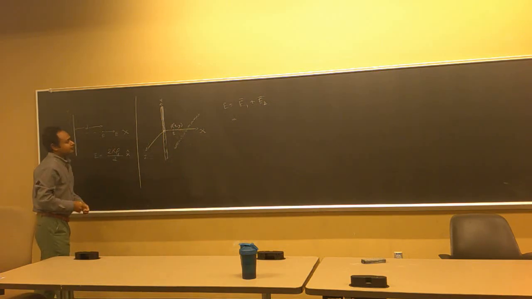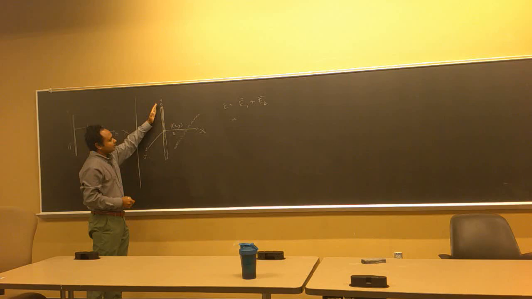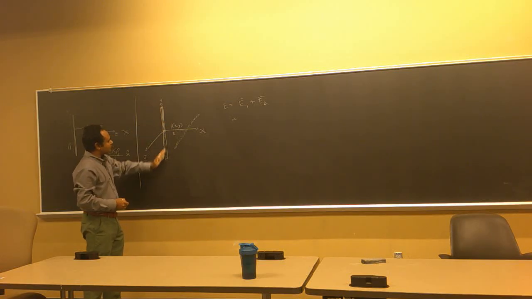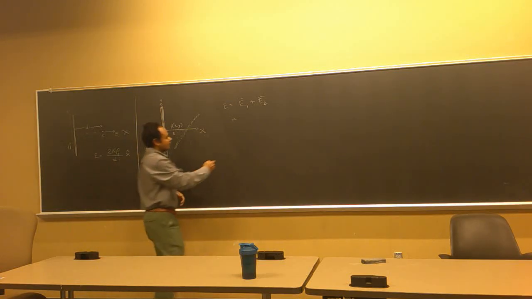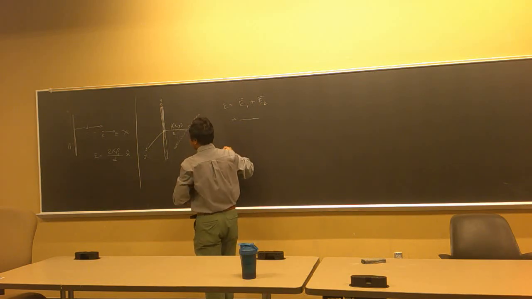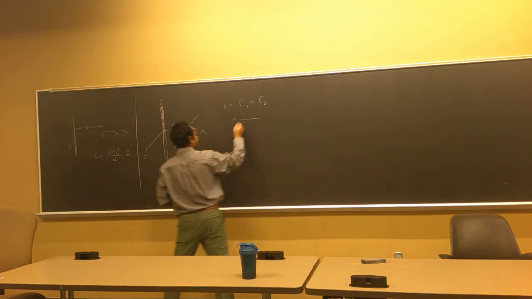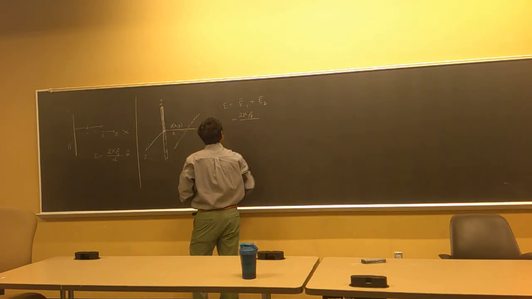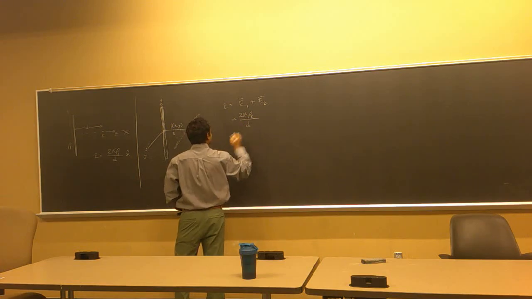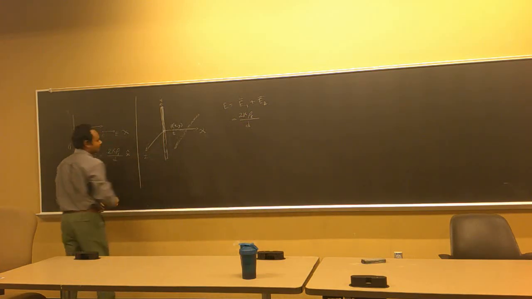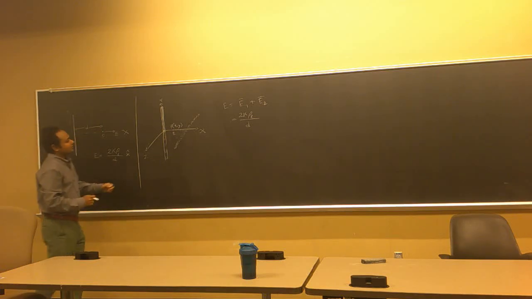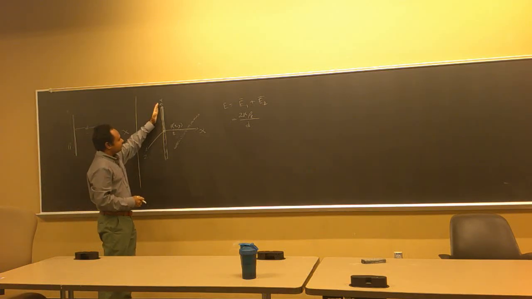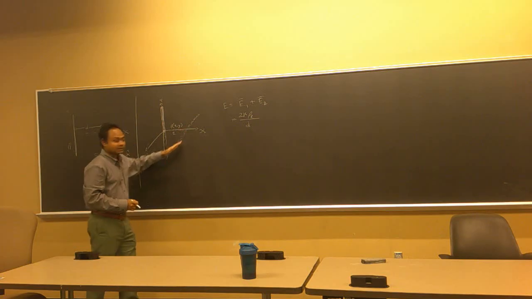So let us calculate the first one. Electric field from this long piece of wire along the y-axis. And we are directly going to use this equation, 2k rho L by d, so 2k rho L by the distance d. Now we have to be a little bit careful here, because rho L for these two wires would be completely different.